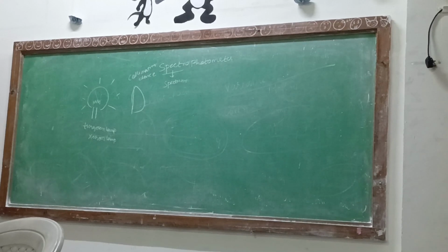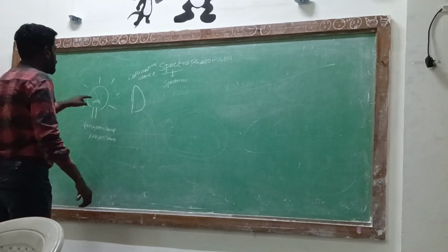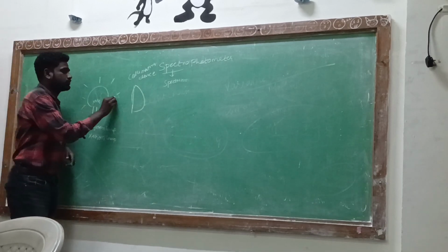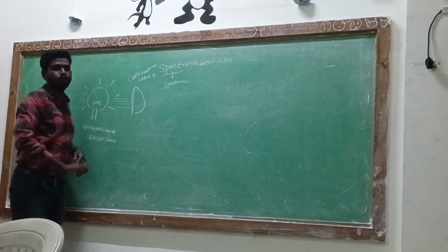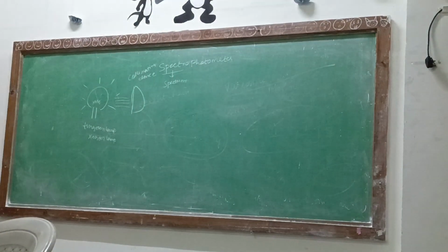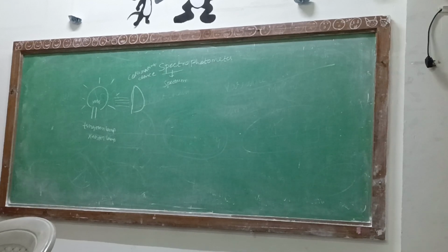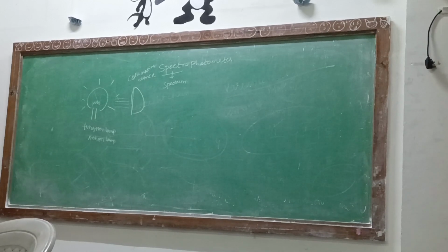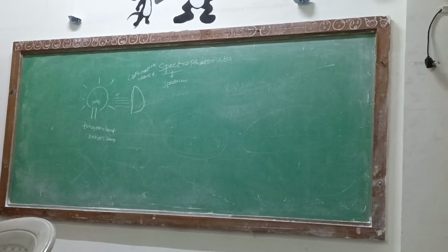The radiations and wavelengths coming from the light source should be parallel, and this is achieved more accurately with the help of the collimating device.